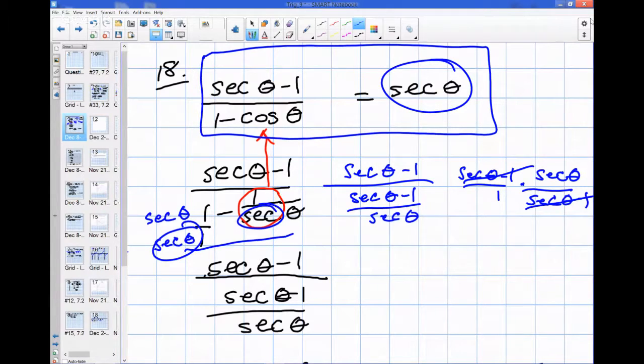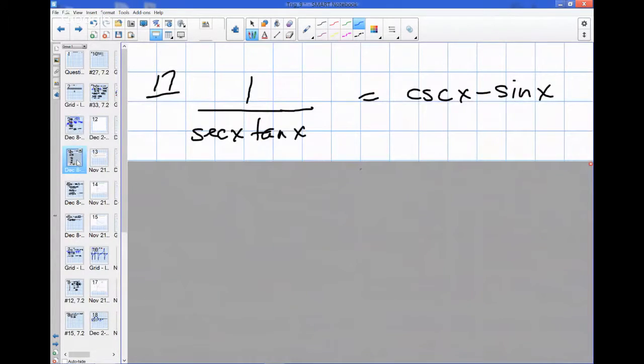Get my arrow, if I can find it here. Where's my cursor? Here we go. So here's another problem: 1 over secant x times tangent x equals cosecant x minus sine x. Now this one is a little bit hard to determine which side is more complex than the other.